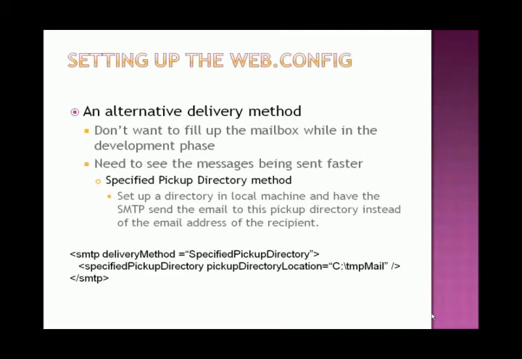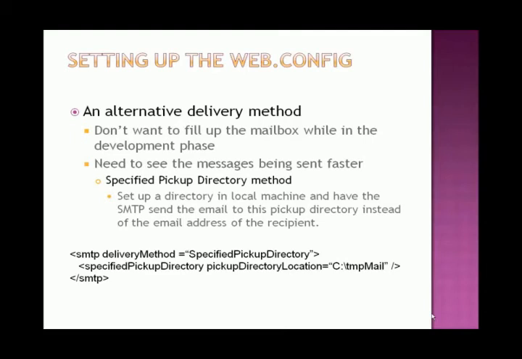Now, to specify this setting in the SMTP element in web config, instead of delivery method as network, you set it as specified pickup directory, and then, instead of a network element within the SMTP element, you create a specified pickup directory element, and you assign its pickup directory location attribute to the location of the folder that you created on, for example, your C drive.